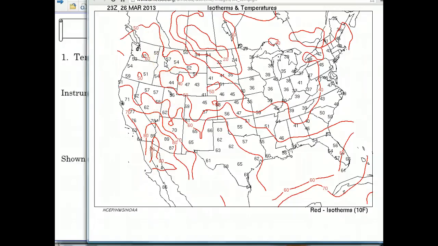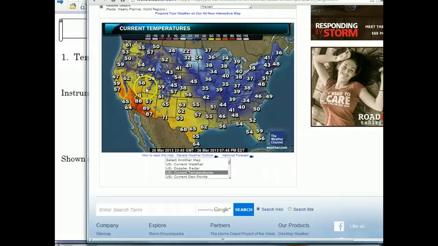And what the weather stations do, what the Weather Channel does, when they get that information, they color code it. So it's basically the same information. You can see it's colder up here. You have this warm air moving up.